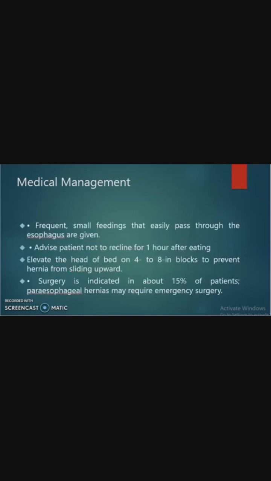Other management is frequent small feedings, advising foods that are easy to pass through the esophagus, advising the patient not to recline for 1 hour after eating, and advising to elevate the head end of the bed.